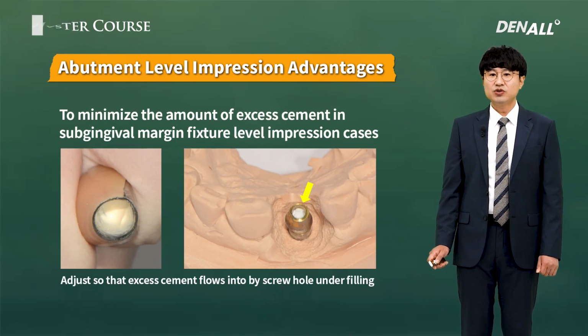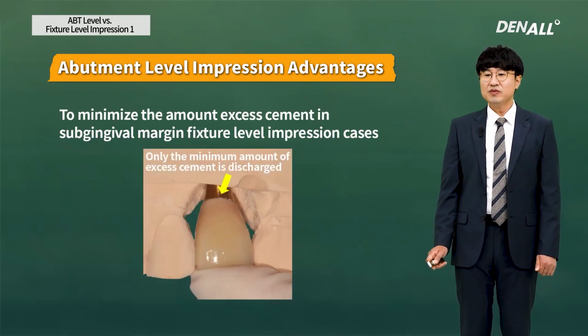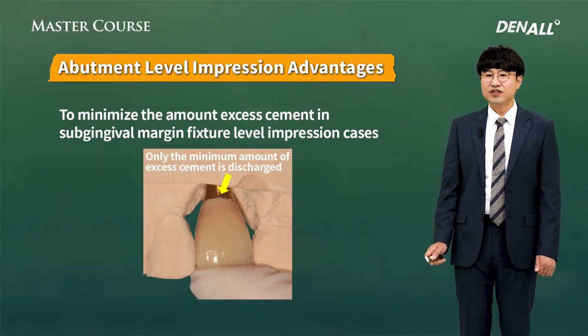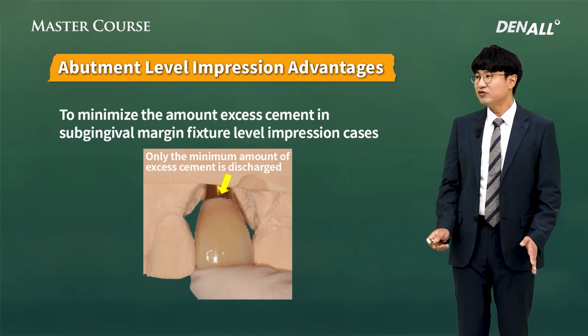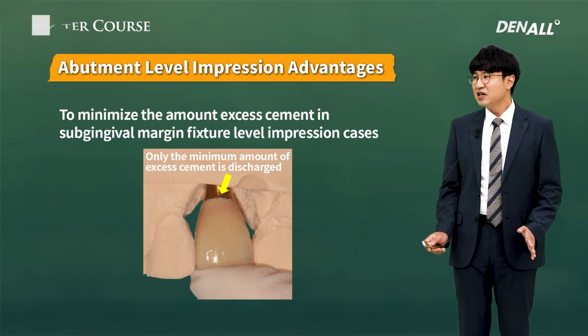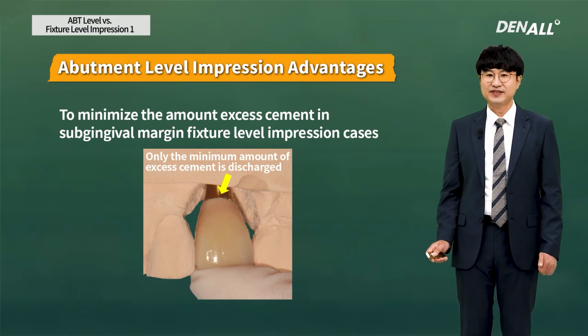Then, through the abutment screw hole, to allow the excess cement to flow in there, we go with underfill. I observed in the model that to allow minimum excess flow, if the cement volume or amount can be customized, then even with a subgingival margin fixture where the soft tissue attachment is not sufficient, excess cement can be minimized. So if it's a subgingival margin, or if there's less soft tissue attachment, through this method I control the cement amount.